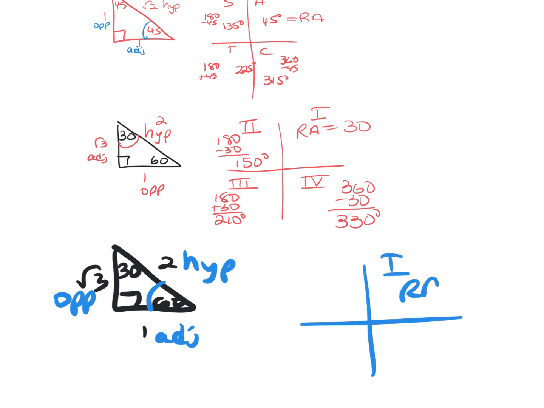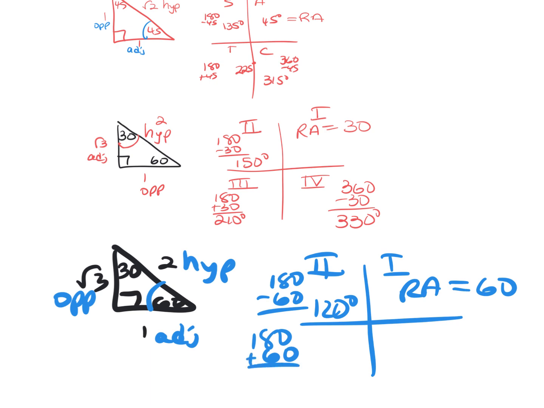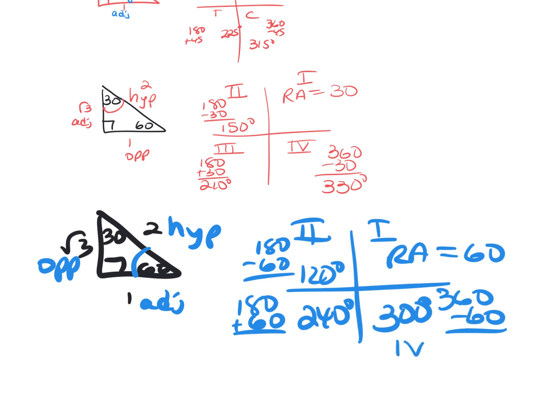This time though, the reference angle will be 60. And then in quadrant 2, 180 minus 60, and that will give us 120. 180 plus 60, and that'll give us the 240. And then 360 minus the 60, and that'll give us 300 for quadrant 4.